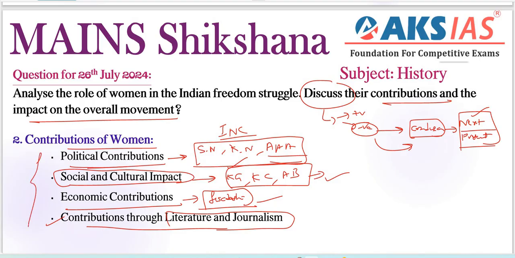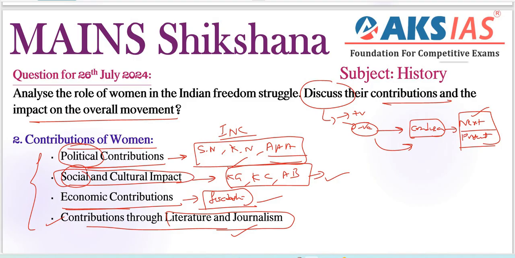I am just covering all these particular aspects, right? Here, political, social, cultural, and economic contributions are there, and I am including literature and journalism also. We need to include all the dimensions in our answer. That's why I'm including them.